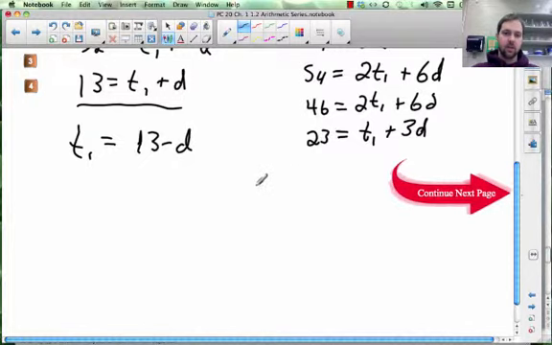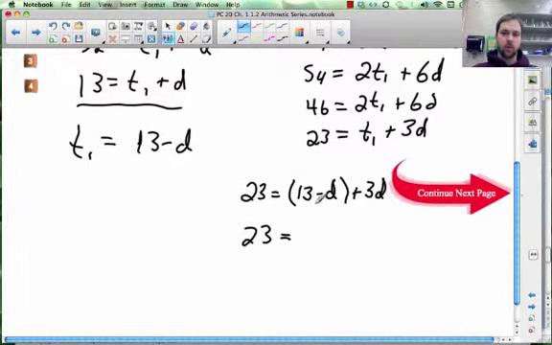Now we can take that 13 minus d and replace T1 in this equation with it, 13 minus d plus 3d. You notice that we only have one variable because we've written everything in terms of d. The T1 disappeared, and now that we have one variable in one equation, we can solve it. So 23 equals 13 minus d plus 3d would be 13, so minus 1 plus 3 is plus 2d.